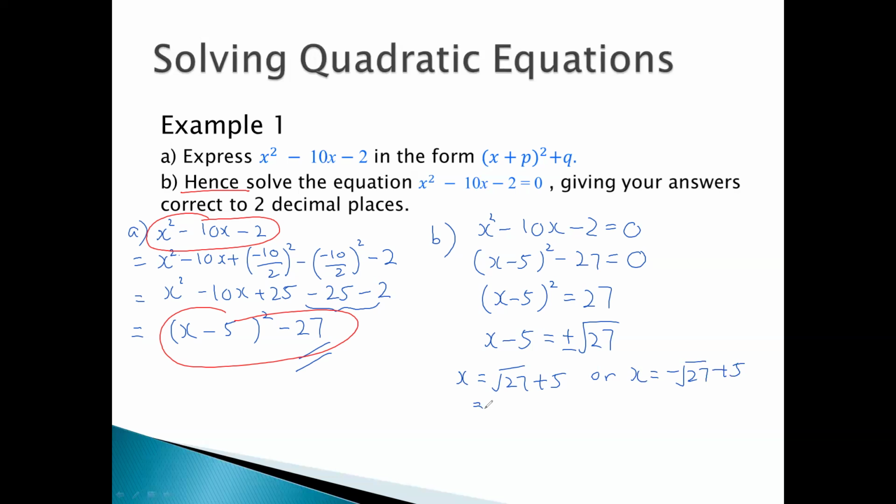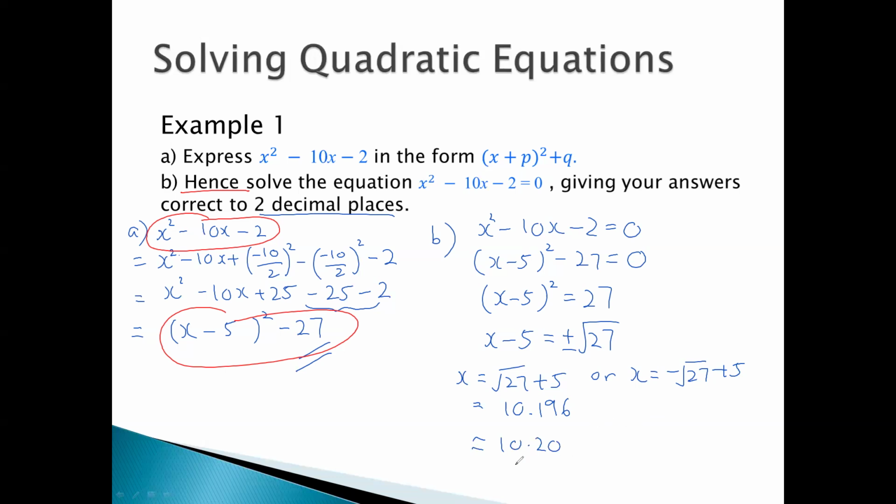And if I key in the calculator, square root 27 plus 5, I get 10.19. What do they want? 2 decimal places, right? So I'll change it to 10.20.